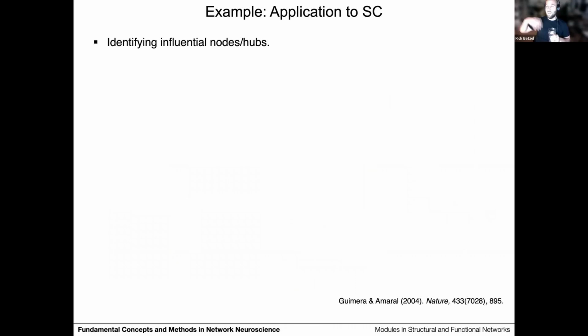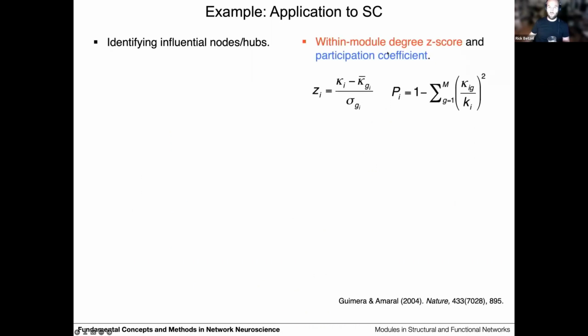Okay, so let's say at this point we are pretty comfortable with the communities that we've detected. What can we do with them? Well, one follow-up analysis is to use the communities in our adjacency matrix to identify hubs in our network. We do this with the within module degree z-score and participation coefficient.